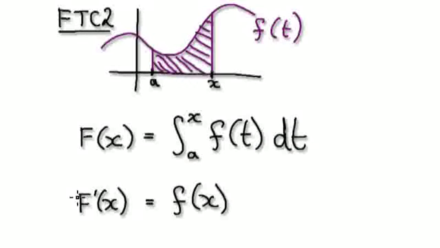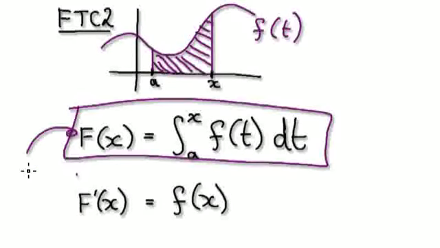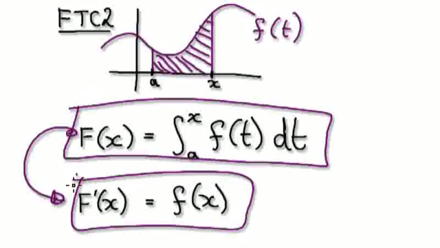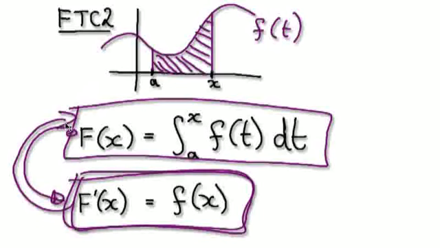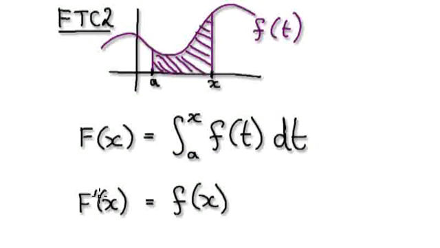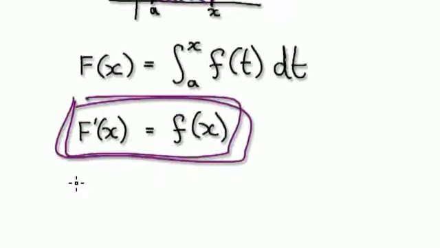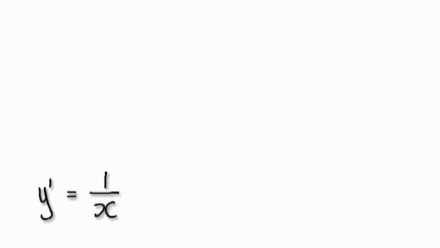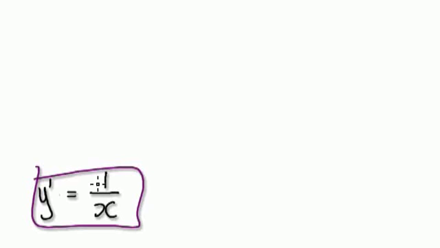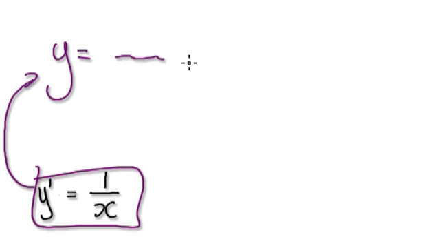Just remember the second fundamental theorem of calculus 2. When given this, you can jump backwards to find the original function itself. So, for example, when given y prime equals this, what can you tell me about the original y itself?